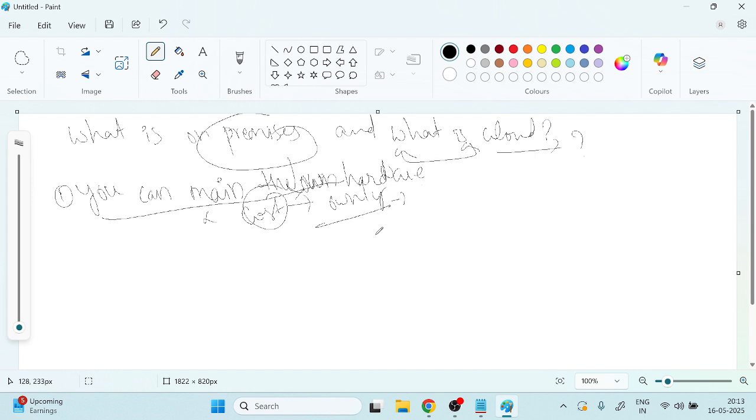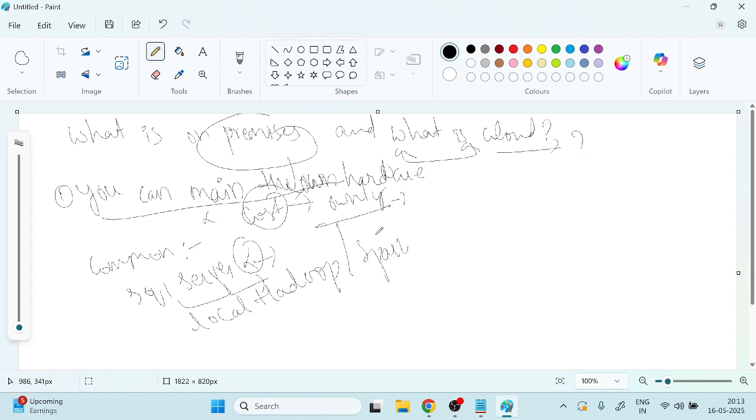The common tool used for on premises will be SQL Server. So you are not buying anything here, right? This is your own hardware that you are preparing, like a local Hadoop, Spark clusters, like that.